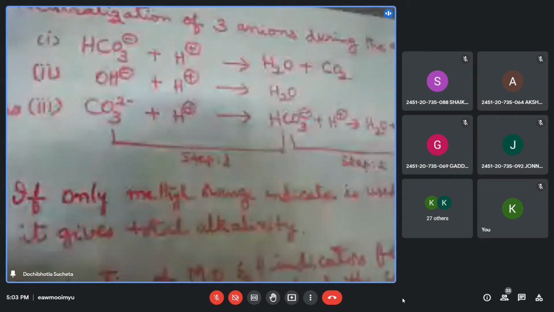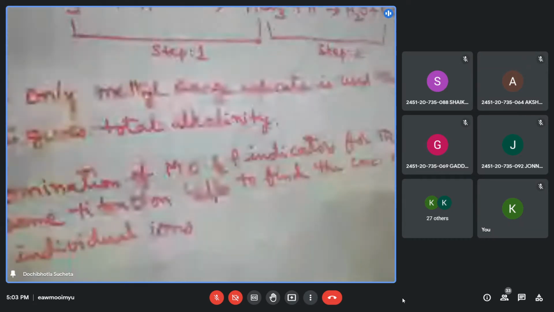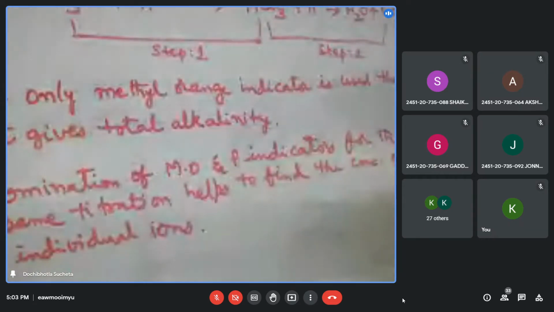That's the key point of this experiment. This is very important. All these are viva voce questions, whatever I'm writing on the board.